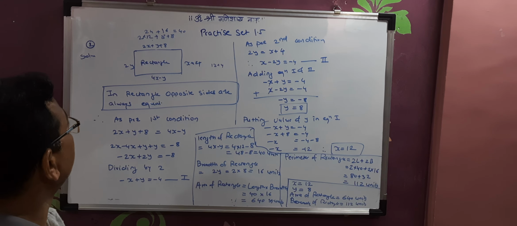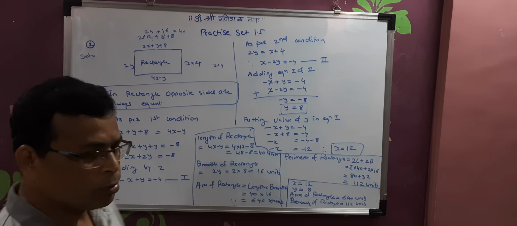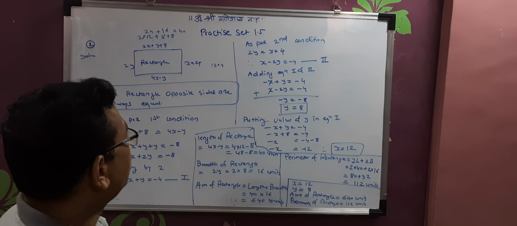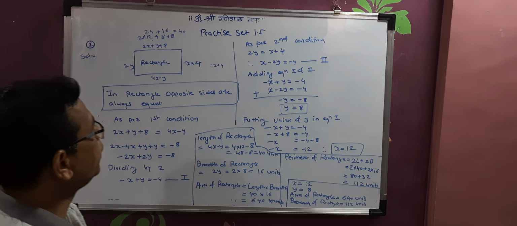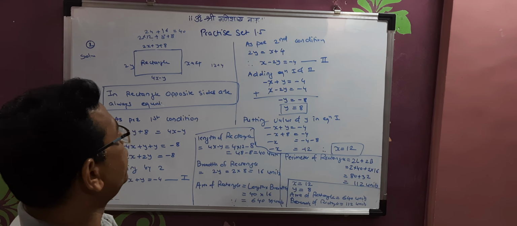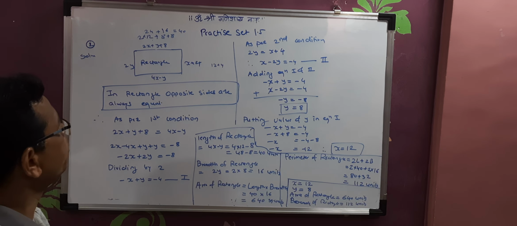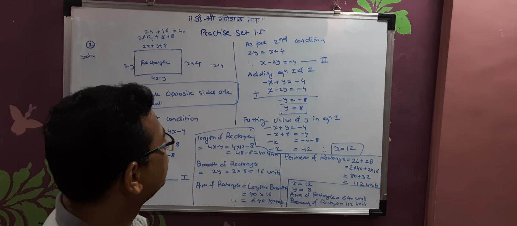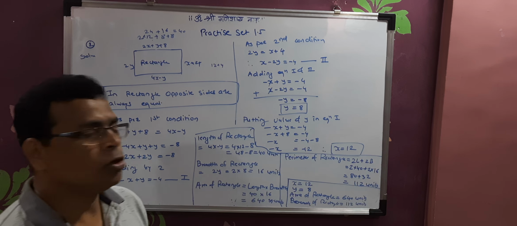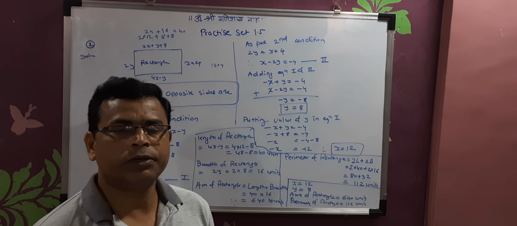Now in this session we have solved problems 1 and 2. In the next session we will solve the remaining problems. Hope you understood both the problems. These are the problems based on the application of simultaneous equations.